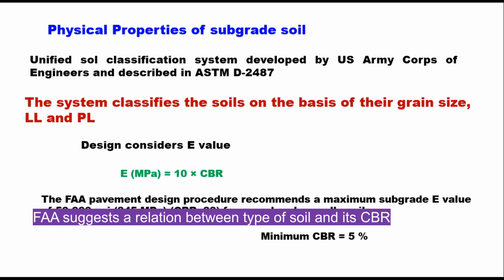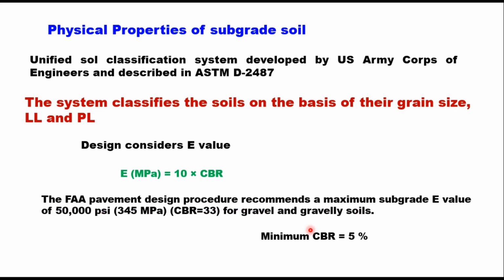And FAA pavement design procedure recommends a maximum subgrade E value of 50,000 PSI, pounds per square inch, or you can say 345 MPa, corresponding to CBR 33 for gravel and gravelly soils, and minimum CBR is 5%.